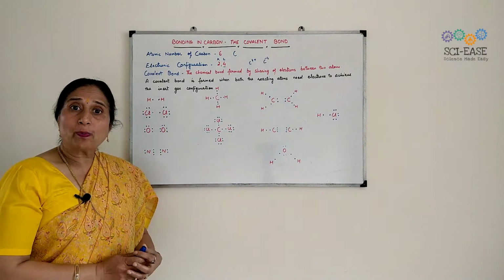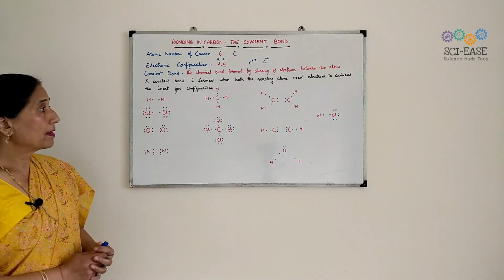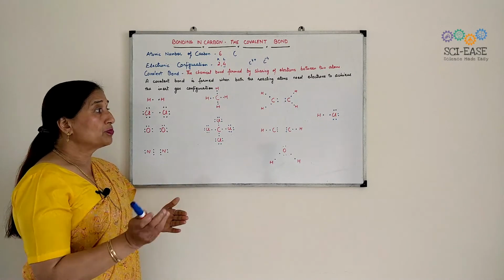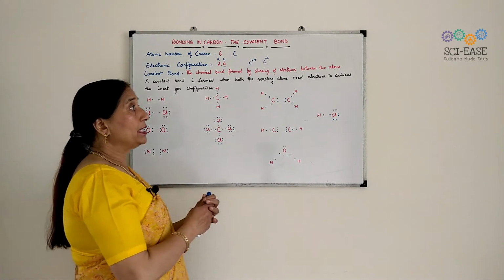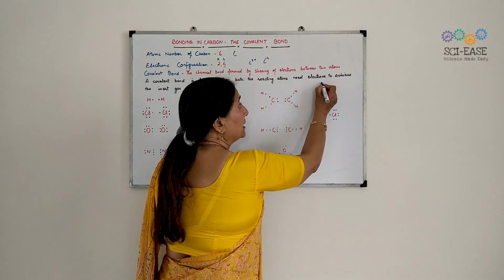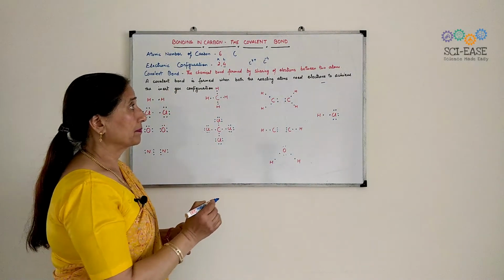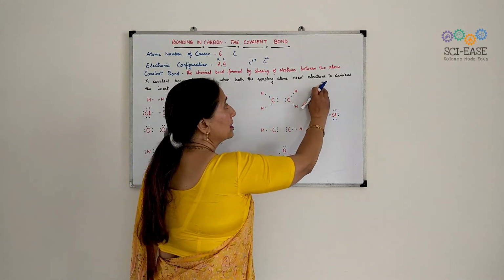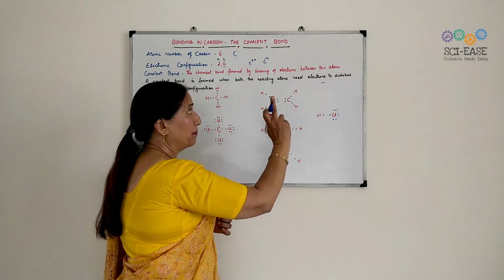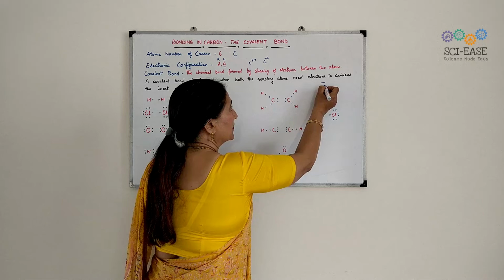In order to explain this, I will take many examples. This bond is represented by a single line, and this represents one pair of electrons, 2 electrons.